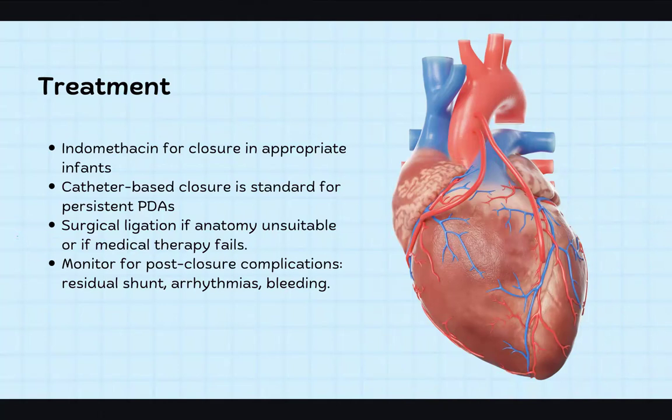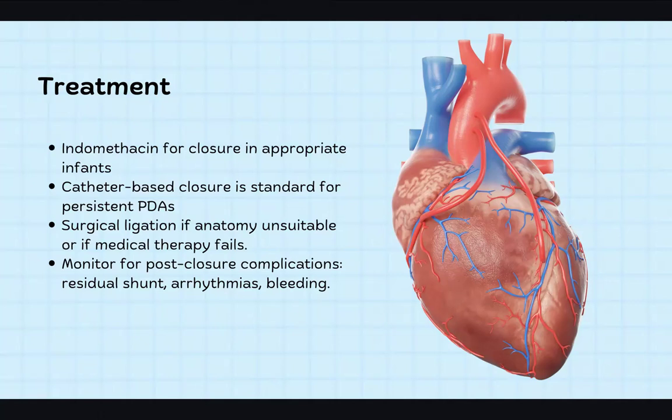Treatment depends on the size and the symptoms. Indomethacin is used as a closure for infants who can have it, right? If they have a renal issue, we're not going to give them indomethacin. But if it's appropriate, indomethacin is one option.